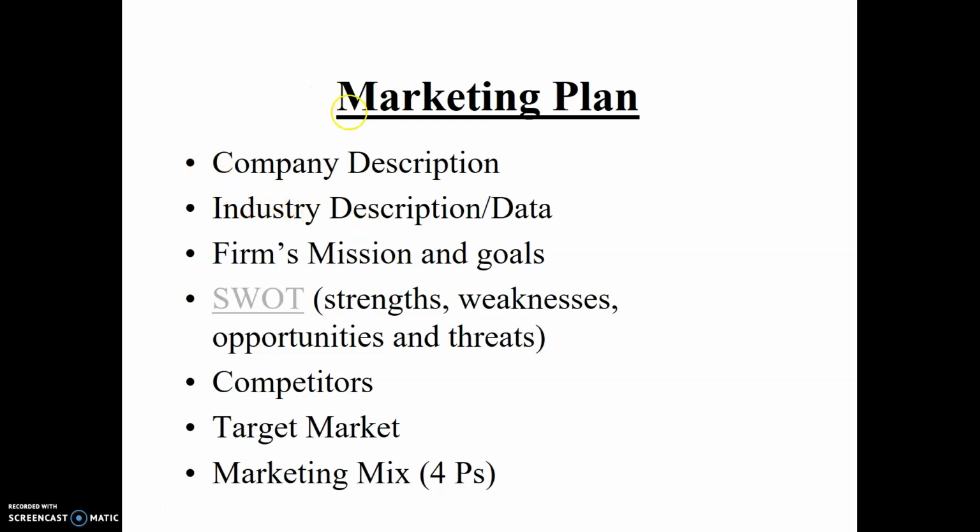You're also going to have a firm mission statement and goals. This is a short section, but different from your description. That's kind of about how you were founded and where you came from. Your firm's mission and goals is a little bit more of what is it that's most important to your company.